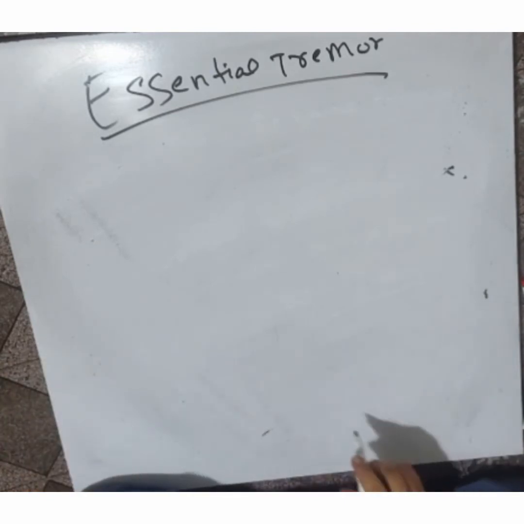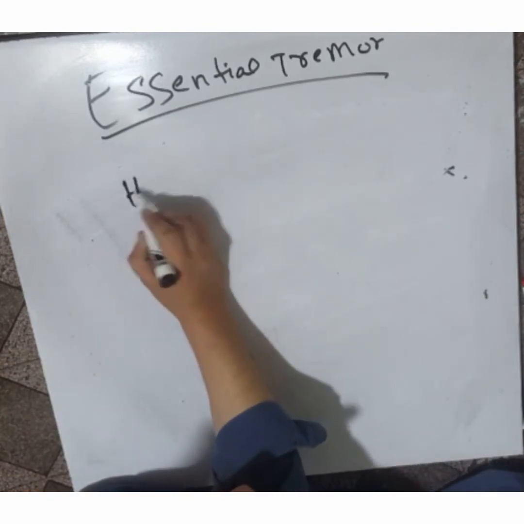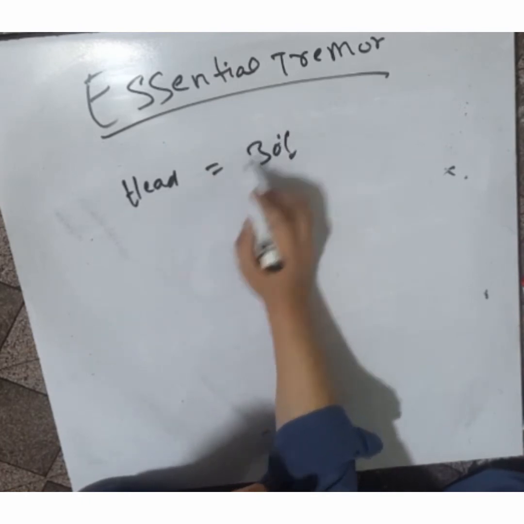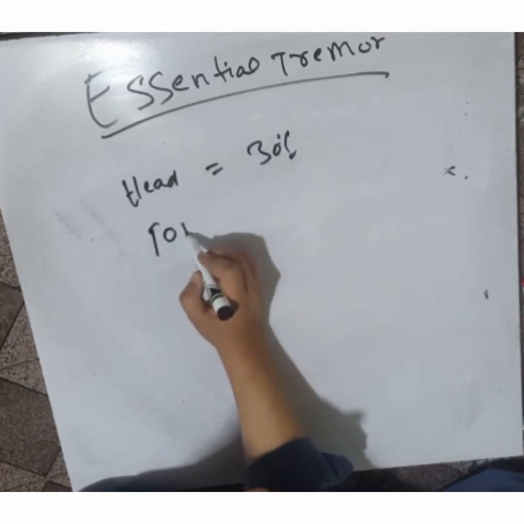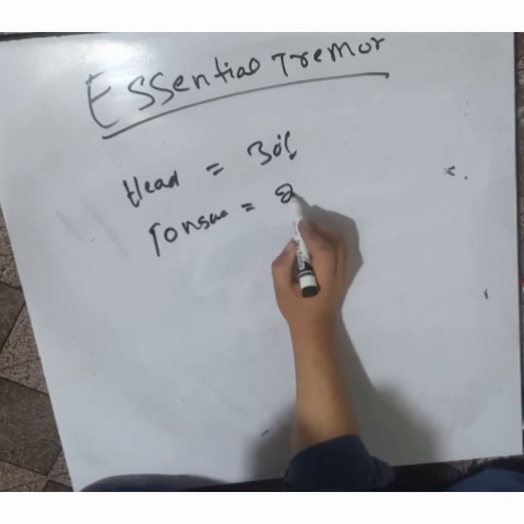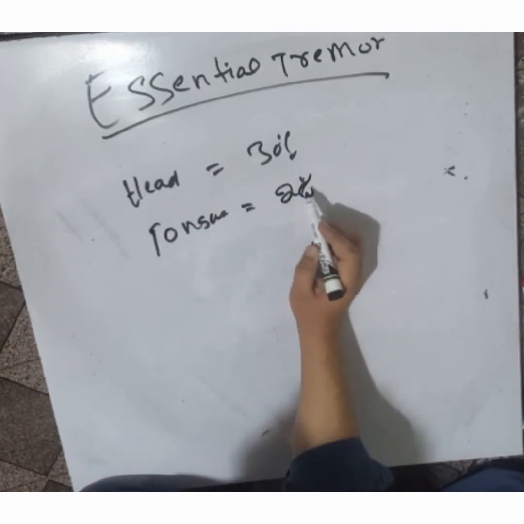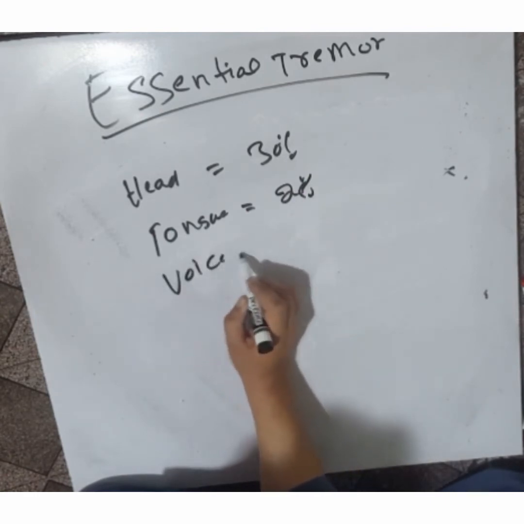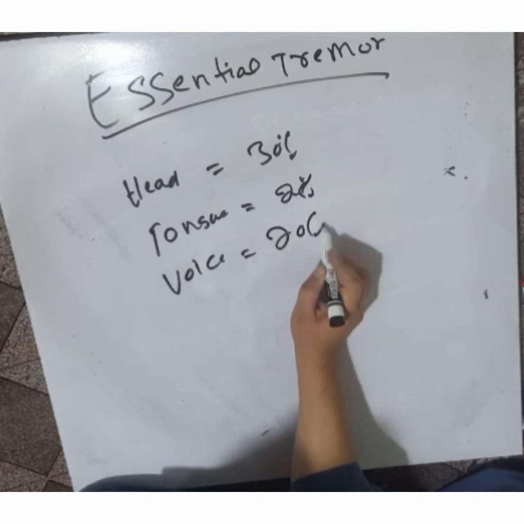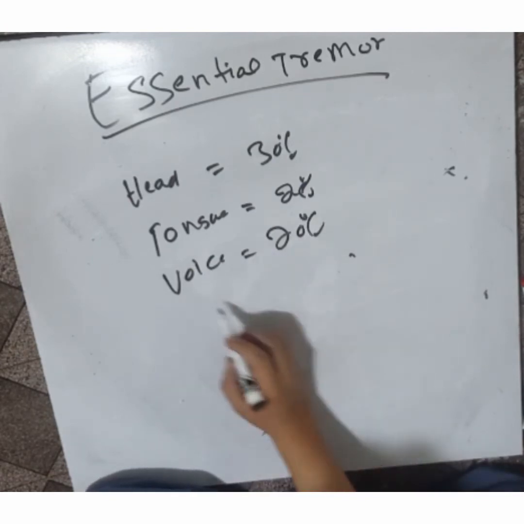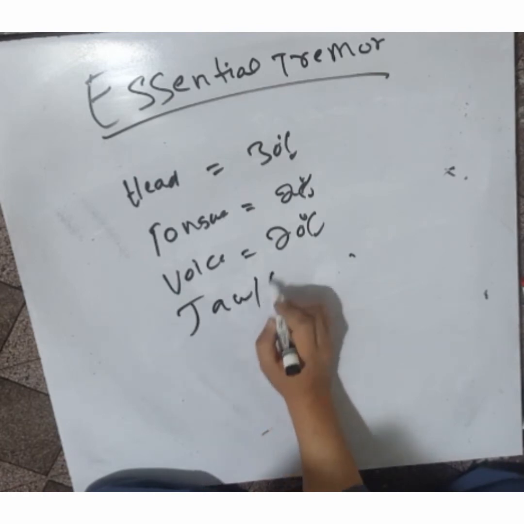The essential tremor involves the head region in 30% of cases, the tongue in 20% of cases, and the voice of a patient in 20% of the cases.